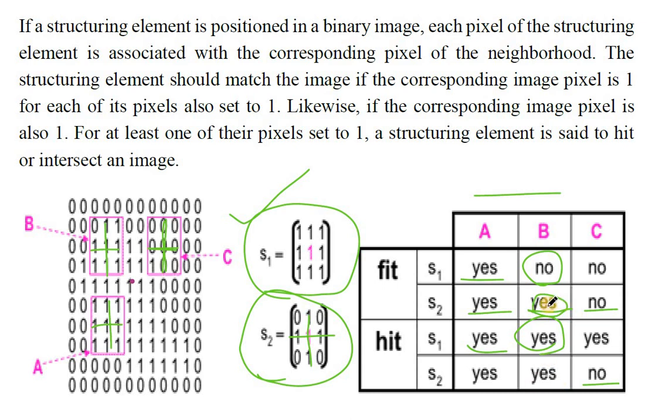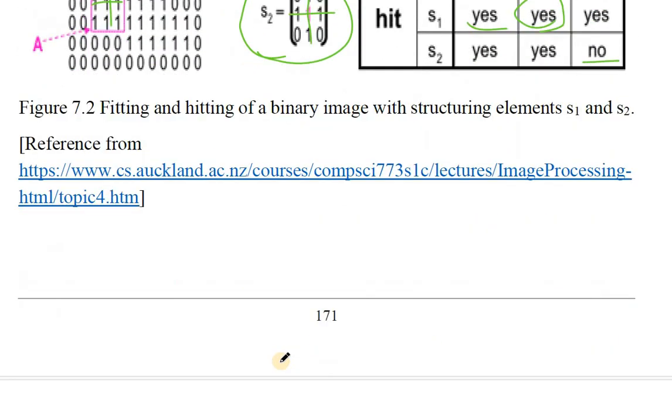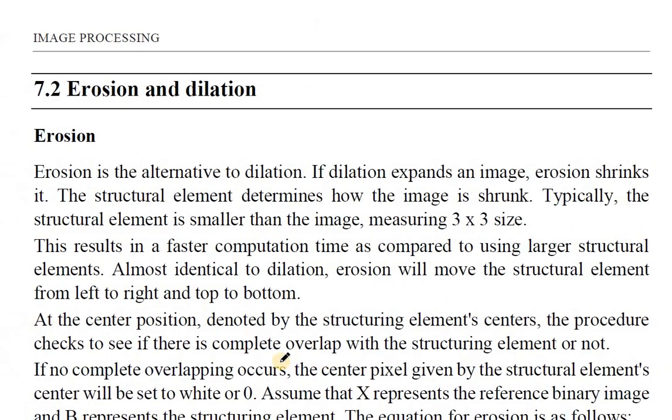So it is a hit also, it is a fit also. But S1 and B is not a fit. Why is it not a fit? Because this one position is not matching. So it cannot be a fit. But it is a hit because there is some kind of intersection happening there. Okay. So this is a very basic, very minimal concept.